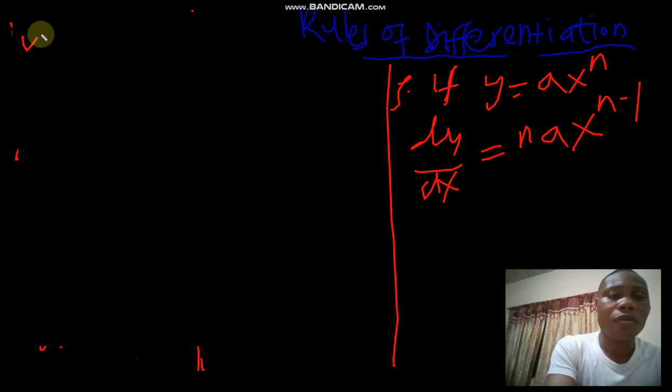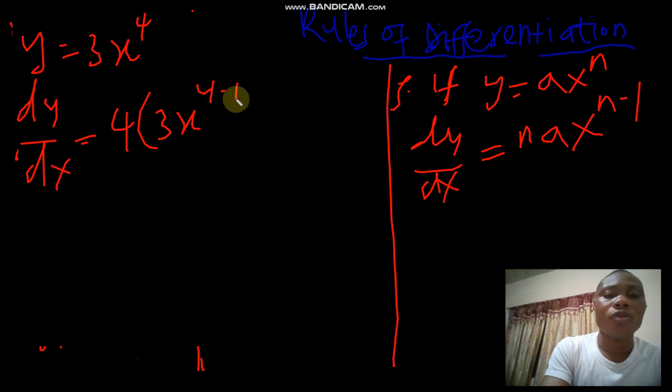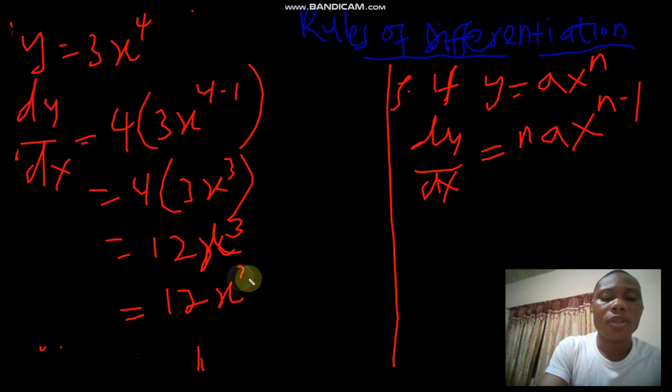For example, if I have y equal to 3x to the power 4, I'll get my dy/dx to be equal to 4 comes and multiplies the whole function, 3x to the power 4 minus 1, and then I'll get 3x to the power 3. 4 multiplied by 3, I'll get 12x cubed, like that. So 12x cubed.